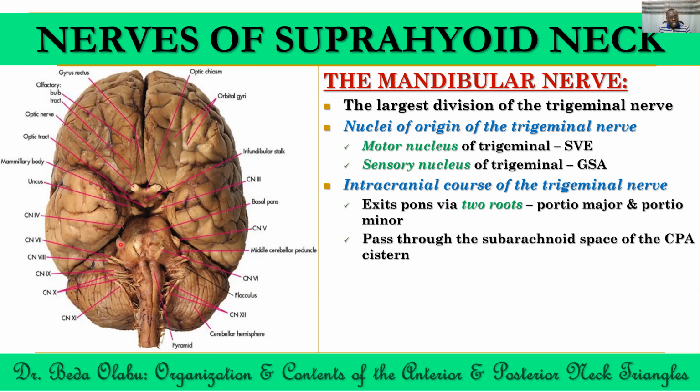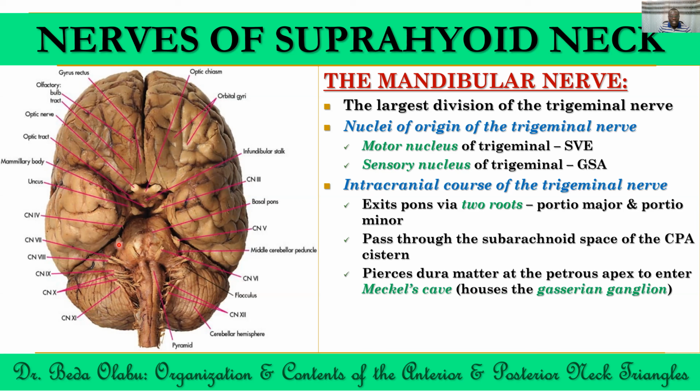As the nerve exits, it enters the subarachnoid space around this region. This is the cerebellopontine angle cistern, which is usually located around this particular part. After that, the nerve will pierce the dura mater at the apex of the petrous bone to enter another space, which we call Meckel's cave or the trigeminal cave.